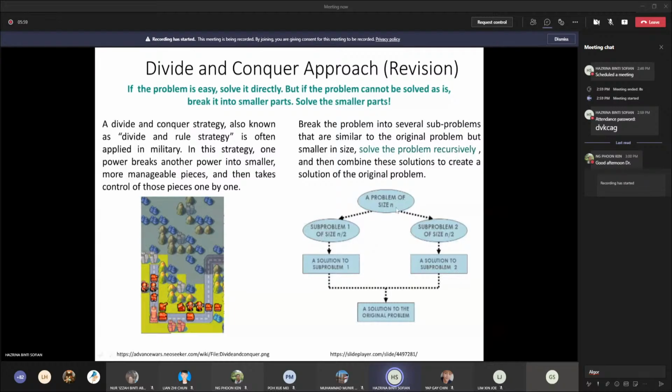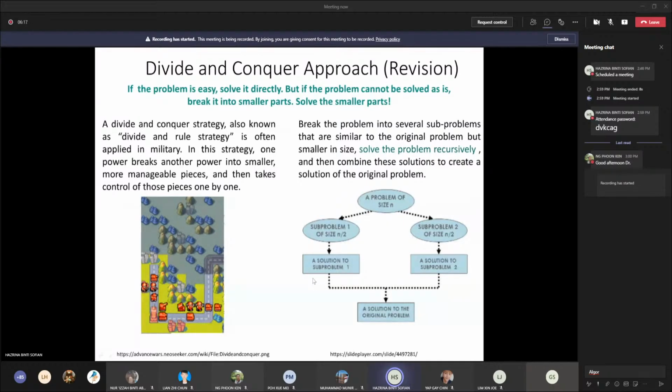Okay, so like for your tutorial questions, I think there are 10 of them. So it's a problem of size 10, then you can divide. You can divide into 2 or you can even divide into 10, up to you.